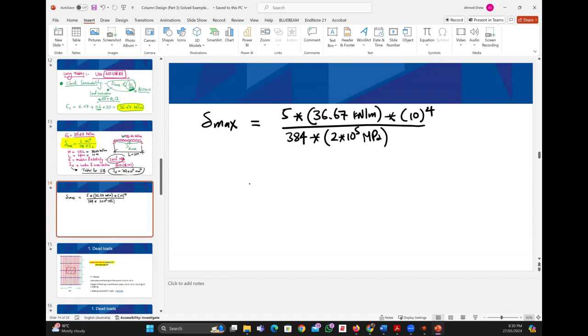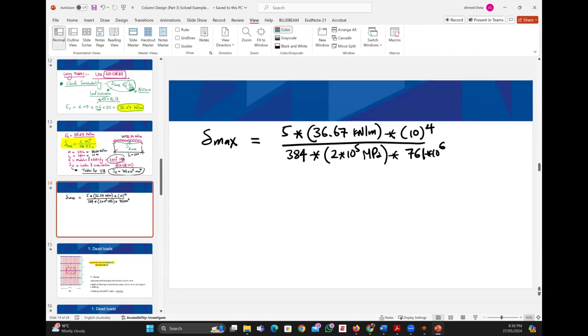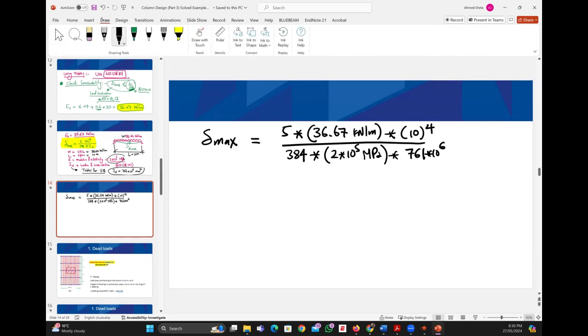I just write down the numbers with the units we have now, but these are not the correct units, okay? Just to let you know that we need to do some unit conversion first. So how much I? 761 times 10 to the power 6. What is the unit of this? In meter?